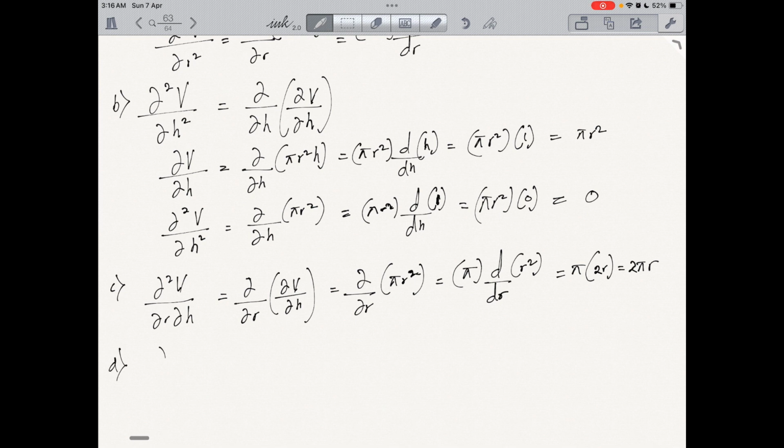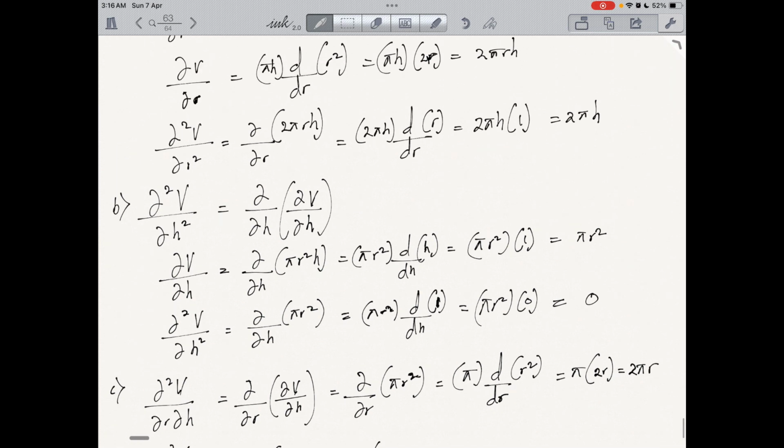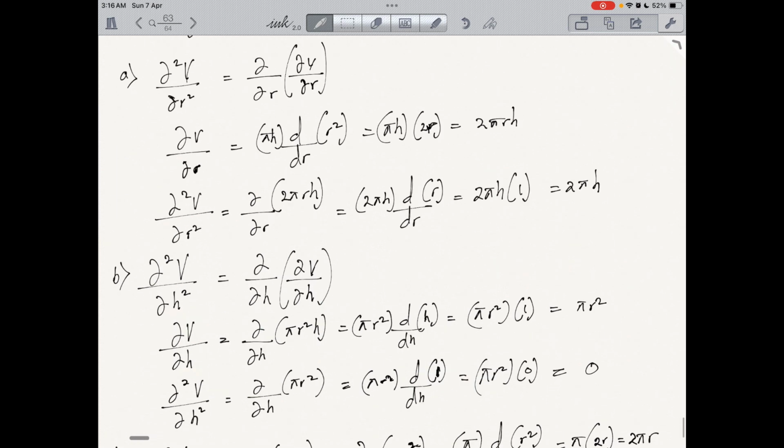The fourth one, which is d squared V, dh dr, which is the partial derivative with respect to h of dV dr. Now, making our substitutions, we have our dV dr, which is 2 pi rh.